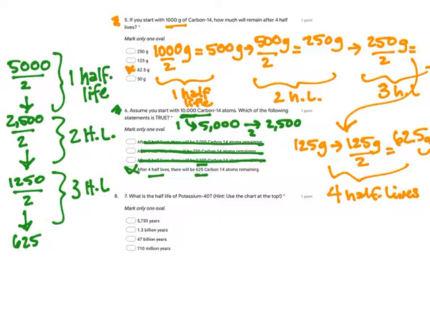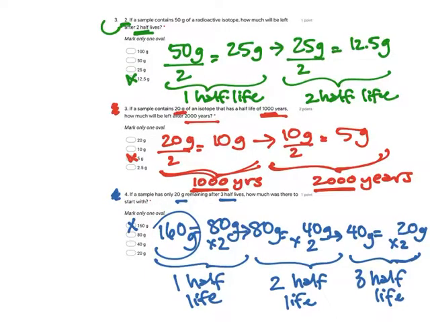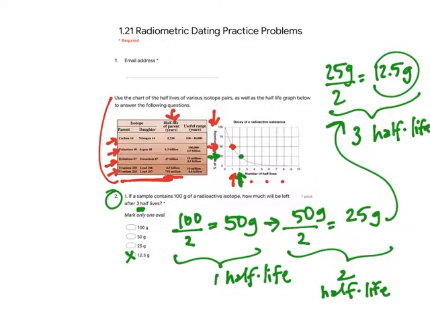I'm going to make some space, so let's clear our drawings. And let's try number 7. What is the half-life of potassium 40? So let's go back and use the chart that is shown at the beginning of this form. So here is potassium.